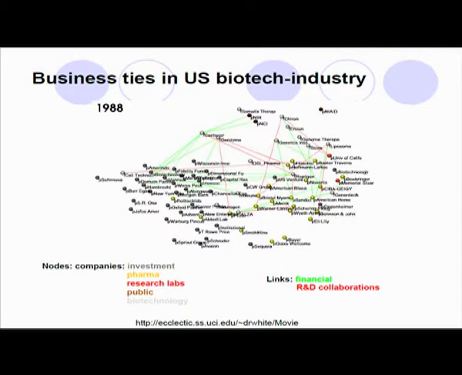These are business relations. The nodes are the different business organizations, and the edges are the different business relations, like financial relations or research and development collaborations. The red links indicate research and development collaborations, the green links indicate financial collaborations, and nodes could be different companies like investment companies, pharmaceuticals, research labs, public sector companies, biotechnology labs, etc.